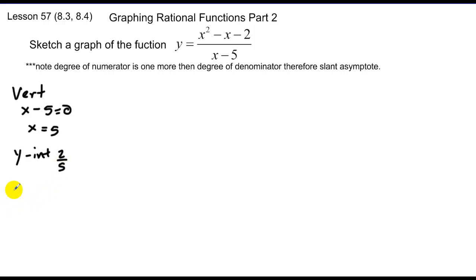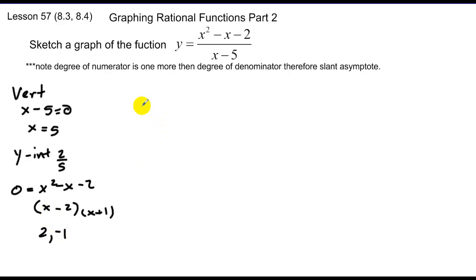To find our x-intercept, we set y equal to 0, multiplying x minus 5 to both sides gets us 0 equals x squared minus x minus 2, which factors to x minus 2 and x plus 1, which gives us x-intercepts of 2 and negative 1.